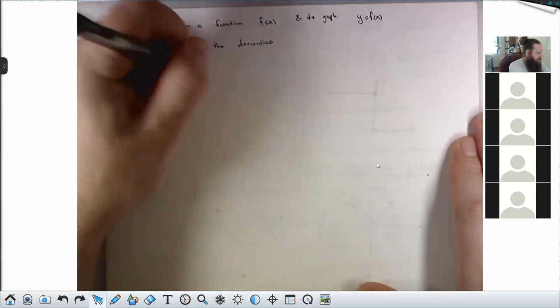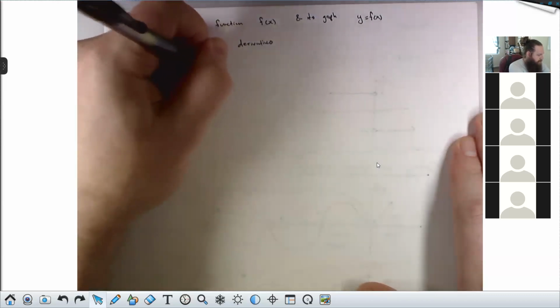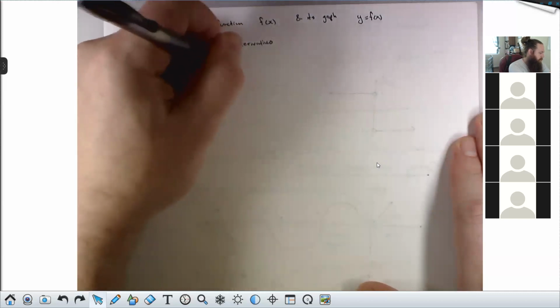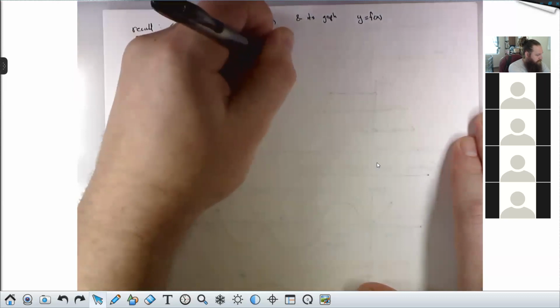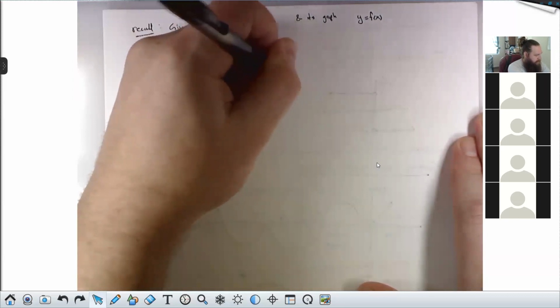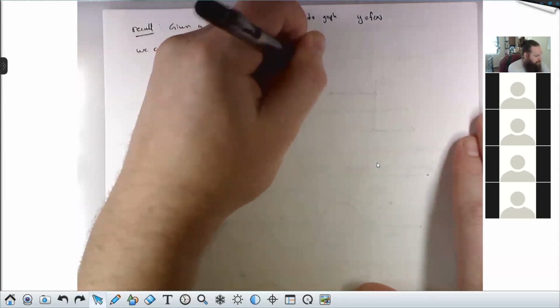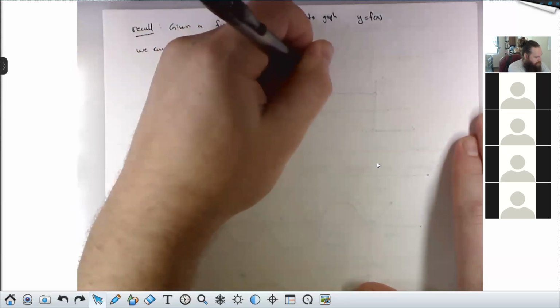And we said we can write this as d/dx of f of x, which is sometimes written just as df/dx, or if you're thinking about the graph, you might write it as dy/dx.